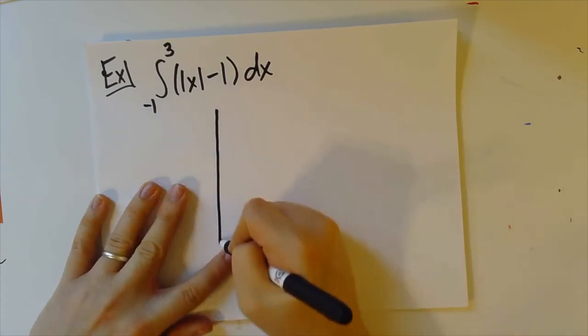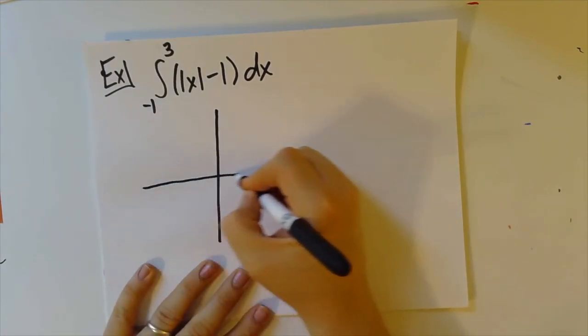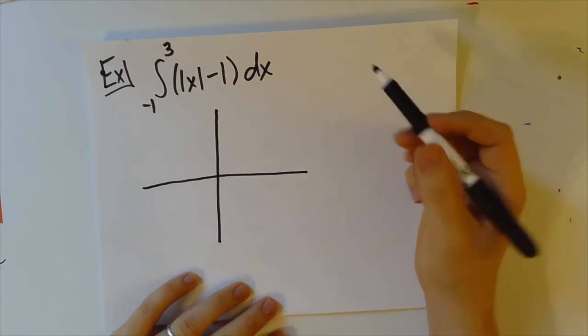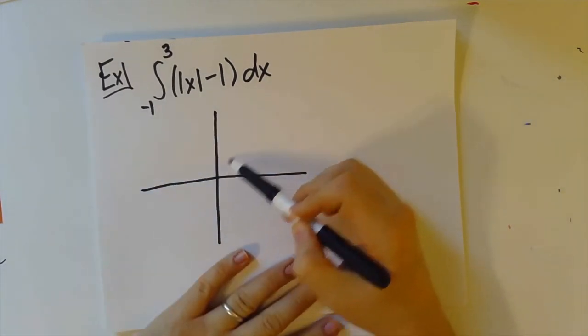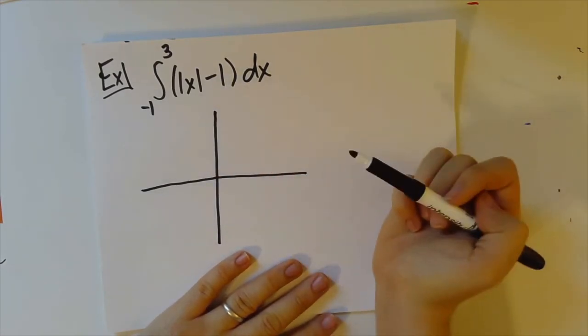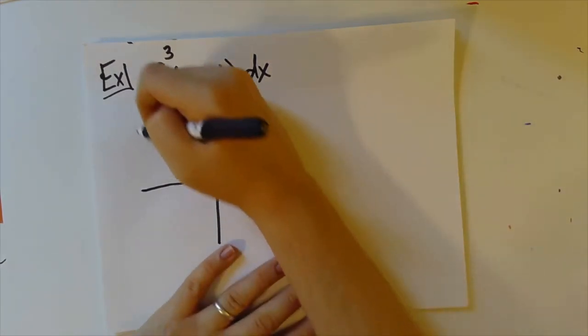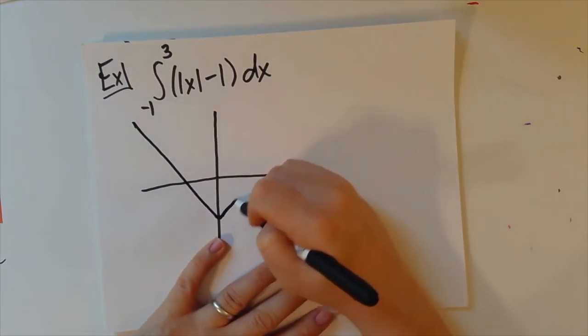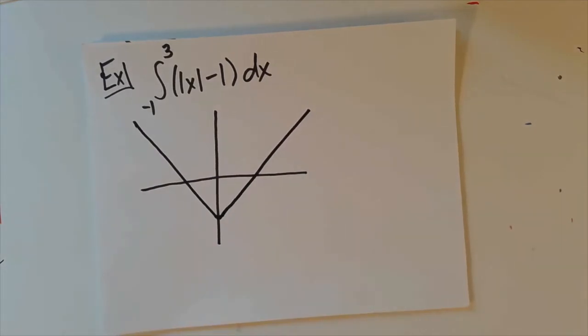So I have to produce a graph of this. The graph of absolute value is just going to involve lines, and you might remember the graph of absolute value is just this V shape. But here I have that -1, so that's shifted the V down. And so the graph of absolute value of x minus 1 looks something very much like this.